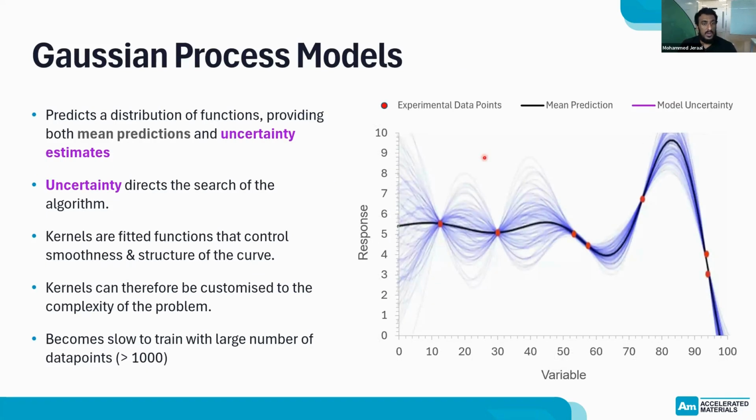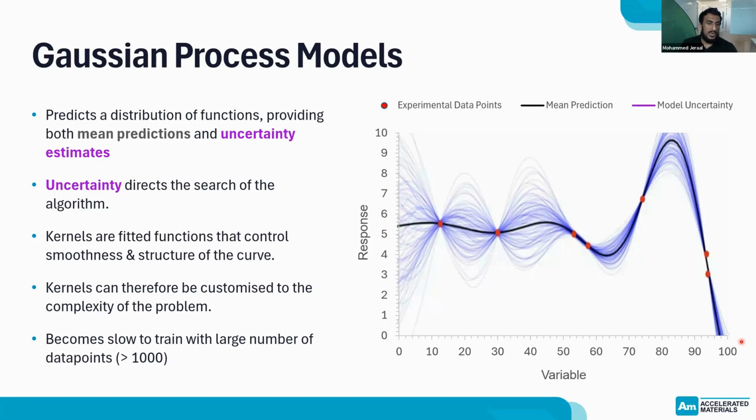So the first type of model that is most commonly used for Bayesian optimization is a Gaussian process model. This is just like the height and weight chart, where we have our variable on the x-axis and its response on the y-axis. And this black line is just the mean curve that shows how the response changes with respect to the variable.